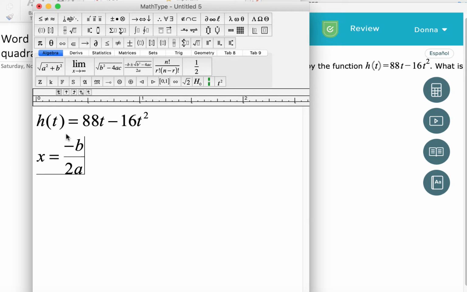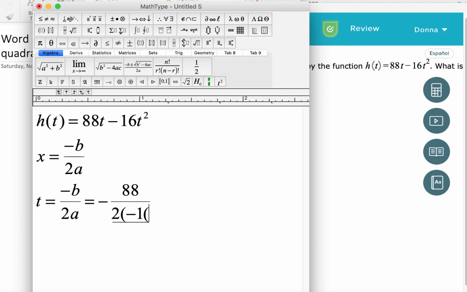But since this function is in terms of time, it would be more appropriate to write it as t equal to the opposite of b over 2a rather than x. So we're going to substitute in our values. b is the coefficient of the t term, so it's going to be the opposite of 88 divided by 2 times negative 16.